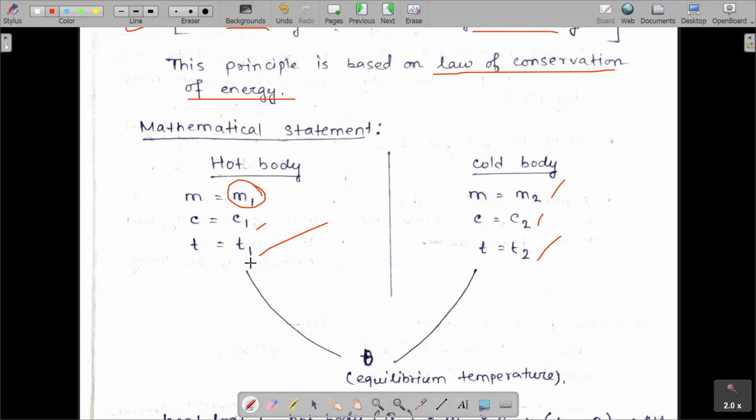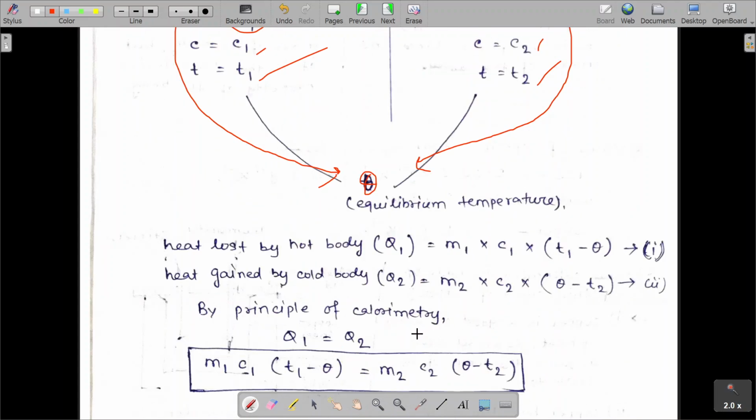Now this hot body will lose heat, and this cold body will gain it. And a point comes, a temperature theta. After losing heat, this hot body acquires a temperature theta, and after gaining heat, this cold body acquires a temperature theta. After that, there will be no transfer of heat since both bodies have the same temperature.